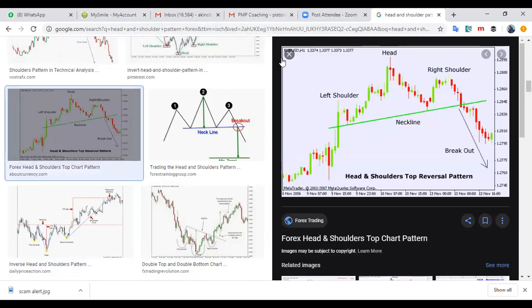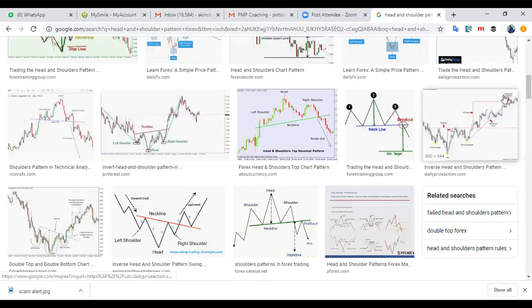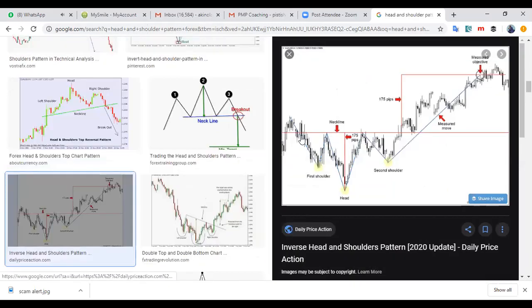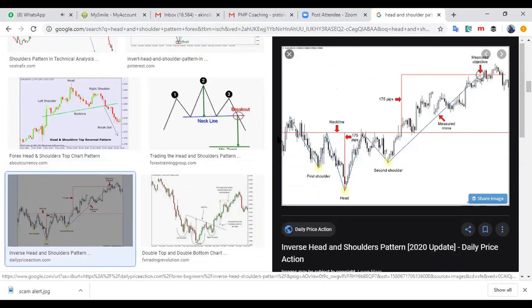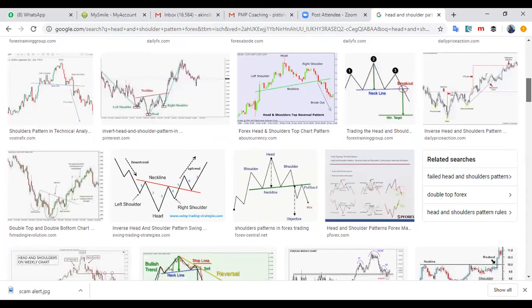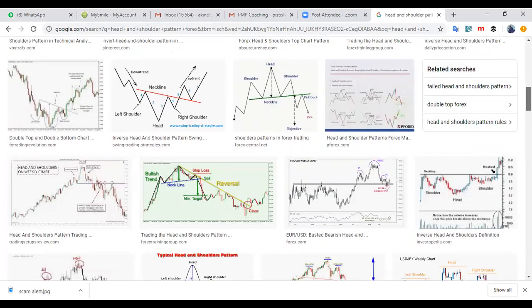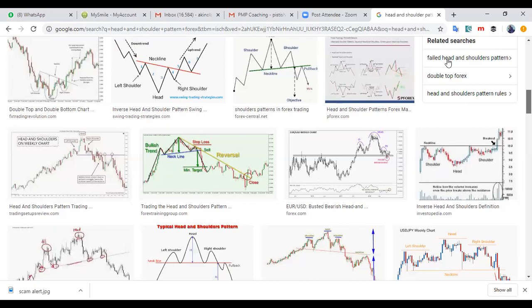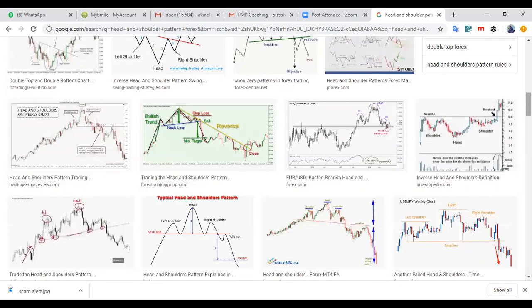Look at this, this is straight. The neckline is a straight line. So it is not a hard and fast rule that it has to be a straight line to be the neckline. You just have to know it won't always come out perfect. So you just need to know how to identify it quickly and easily enough.